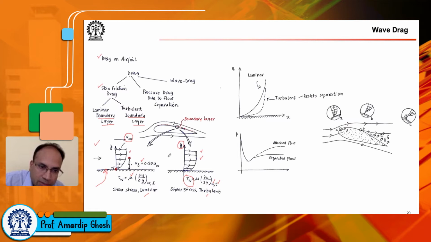So these are extremely exaggerated views of what is happening in this thin region close to the wall in viscous flows. Of course, we are saying thin, thick. These are not very specific statements.